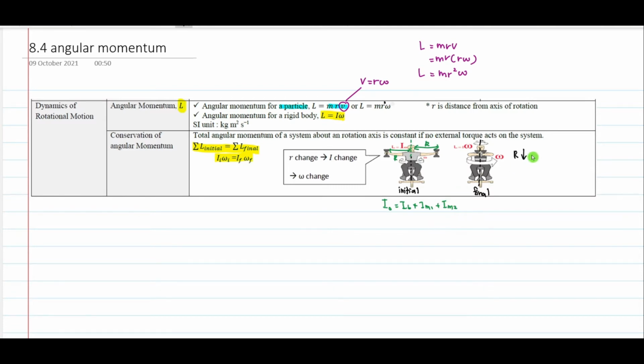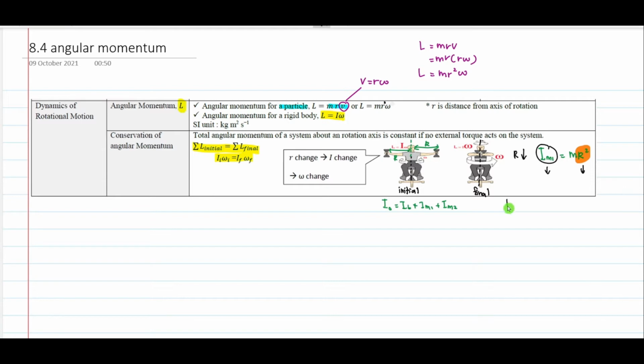Remember the moment of inertia of m1 is equal to mr squared. Therefore, if r is decreasing, I also decreases.